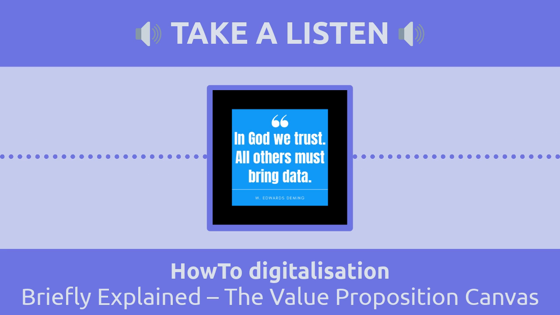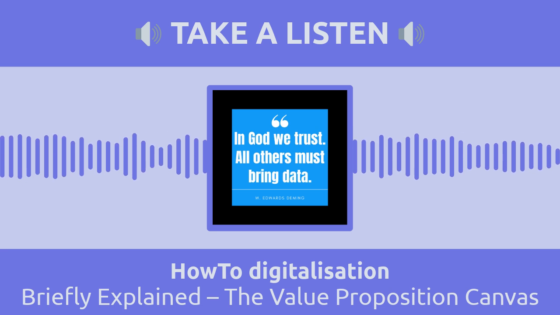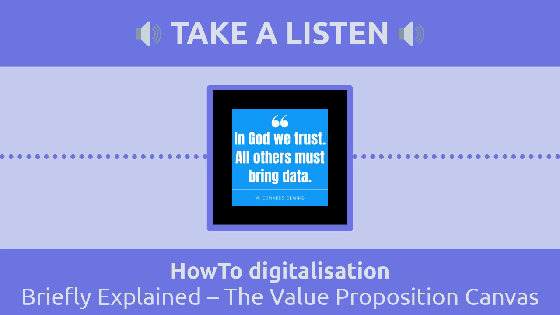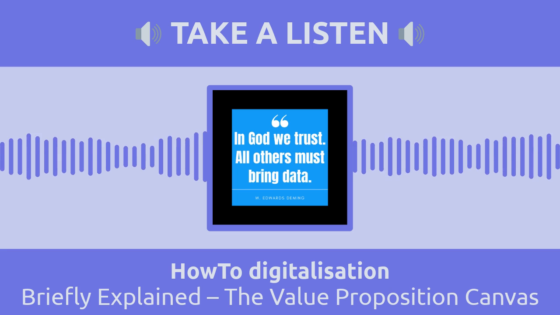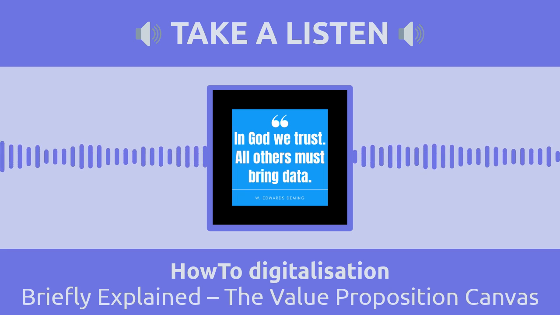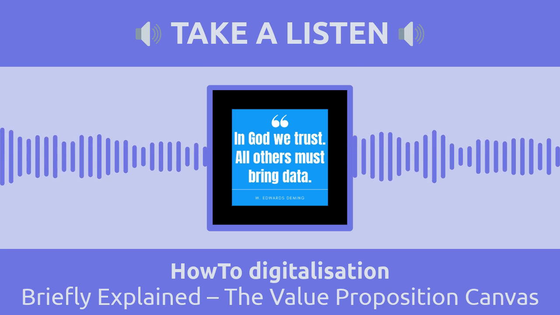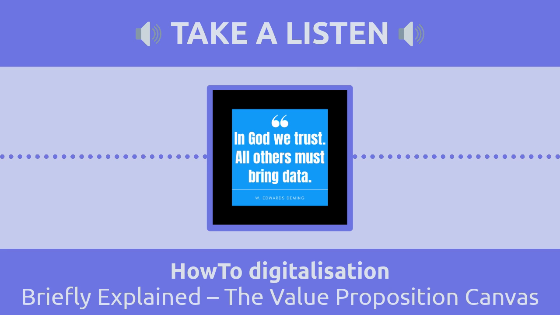Customer jobs. The customer jobs describe tasks that the customer must overcome to solve a problem or challenge. Functional, e.g. pass on information. Social, e.g. status, or emotional, e.g. feel good, jobs can be listed in this field.